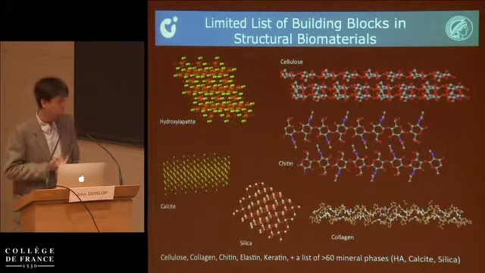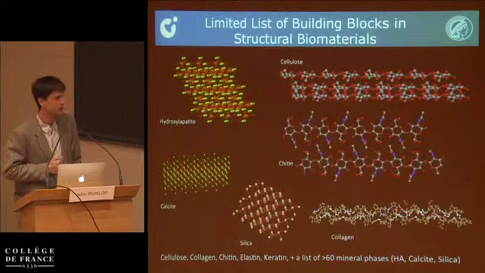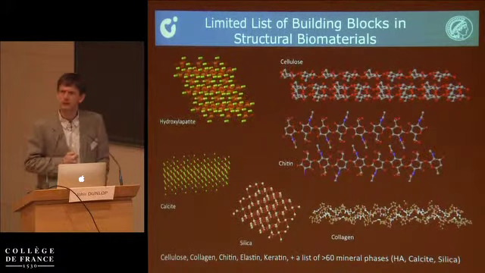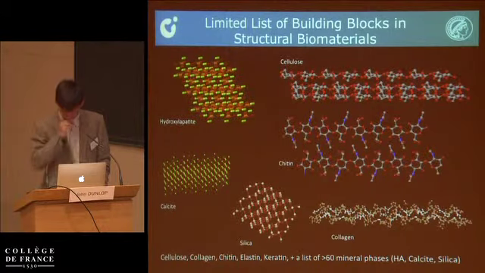I mean, apart from that, there's quite a lot of mineral phases found in biology, but there's a fairly limited list of building blocks or materials used to construct structural materials in biology.